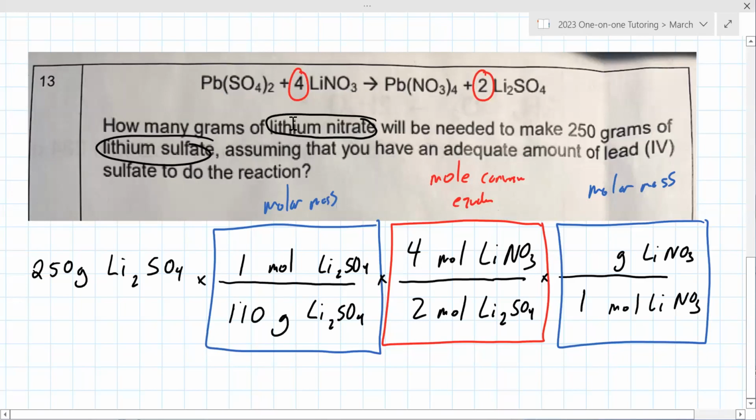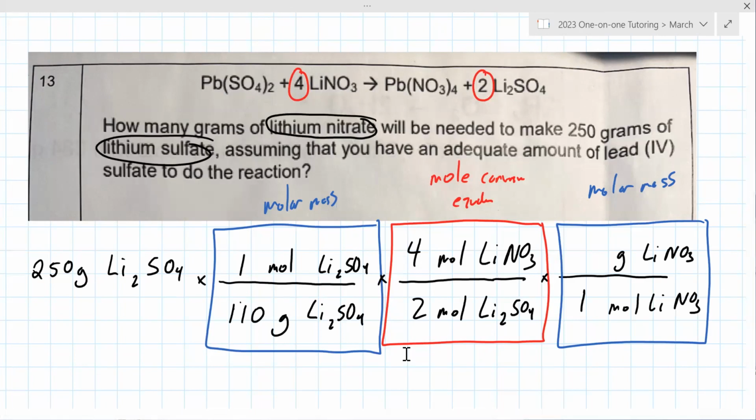So we're going from grams of this Li2SO4 to moles. That's the first equation we did. This one, yeah. And so this equation gave us what number?